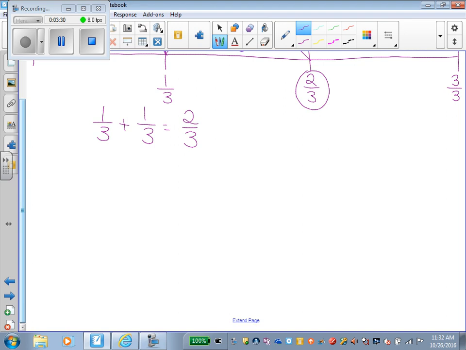All right, for this one, again, you're going to draw a number line. Label your 2 endpoints, 0 on the left end and 1 on the right. This time, I want you to divide your number line into fourths.